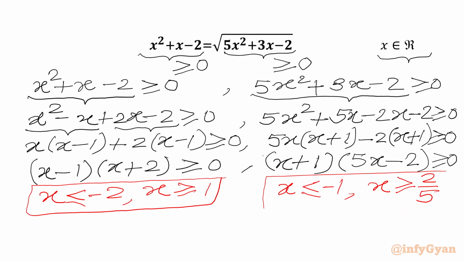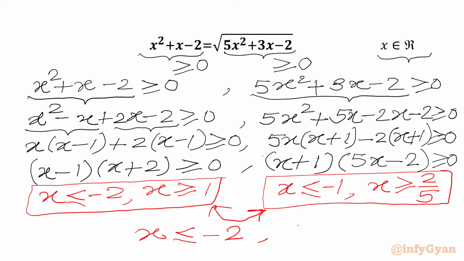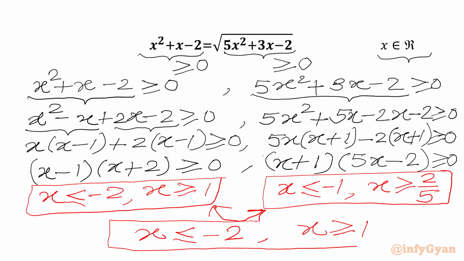So we have two conditions from LHS and RHS. We'll take the intersection of these two and we will easily get either x less than or equal to minus 2 or x greater than or equal to 1. Then only are we going to get real solutions from our equation.